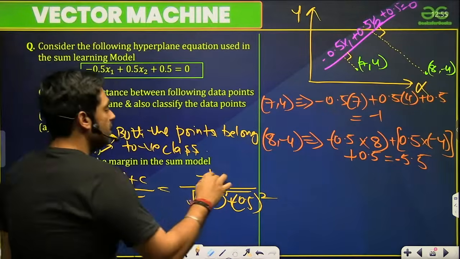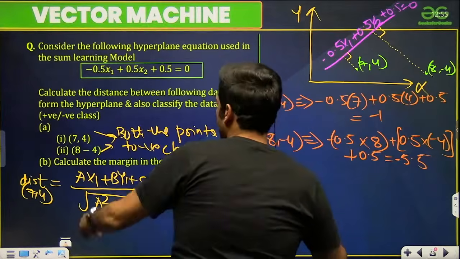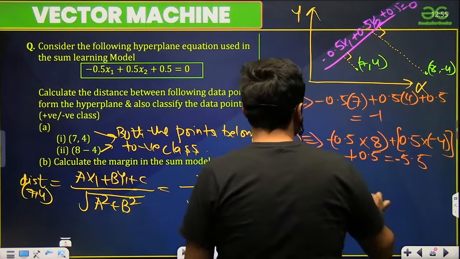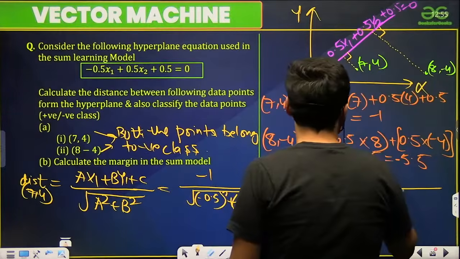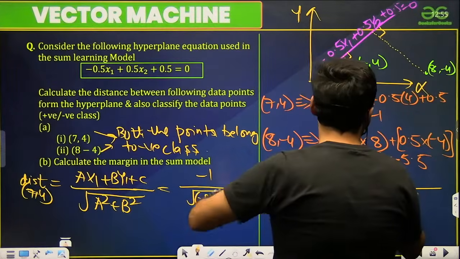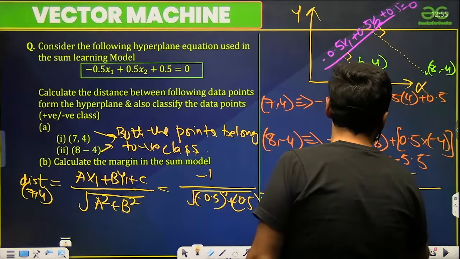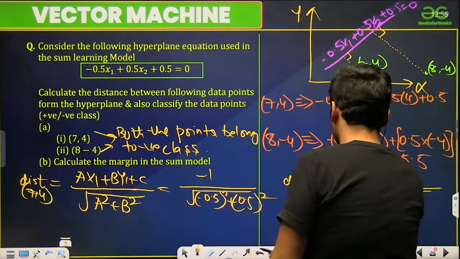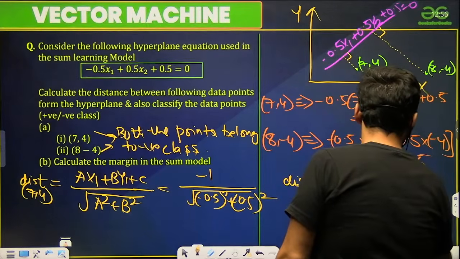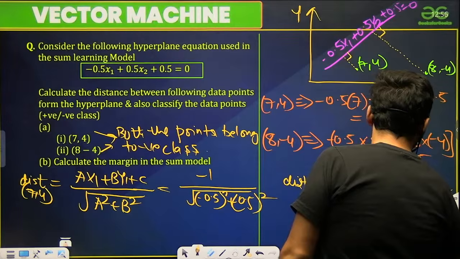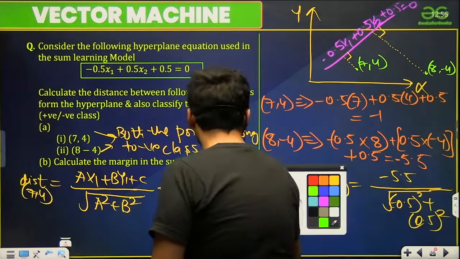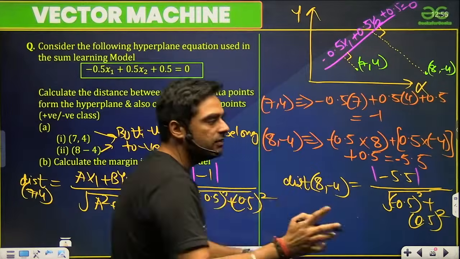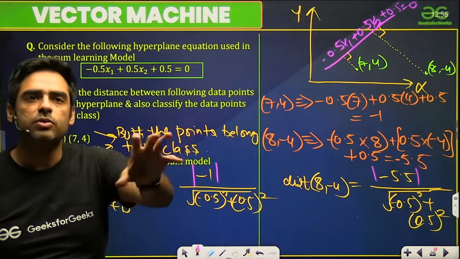And the distance of point 8 comma minus 4, just for your revision, is a x2 plus b y2, which is negative of 5.5 upon under root of negative 0.5 whole square plus 0.5 whole square. And apply a mod here, because when you are giving the answer in NAT type questions, distance would never be negative.